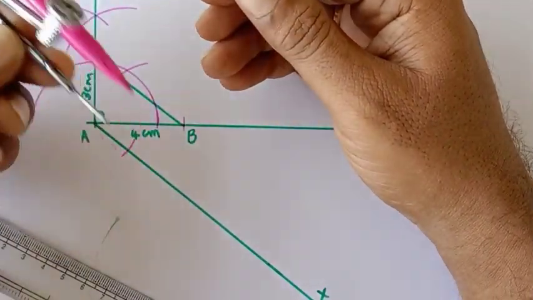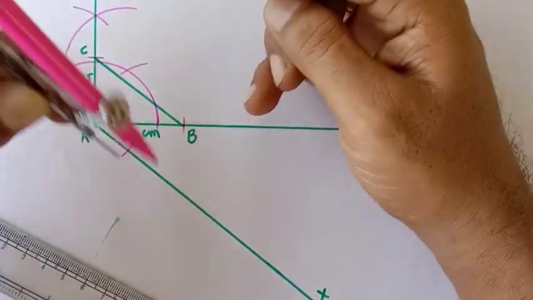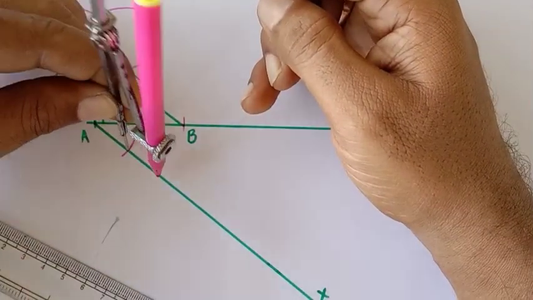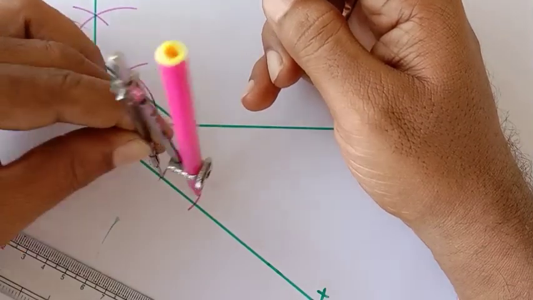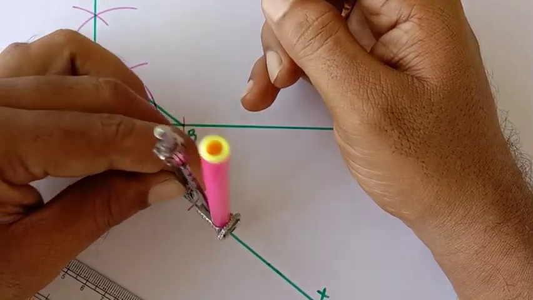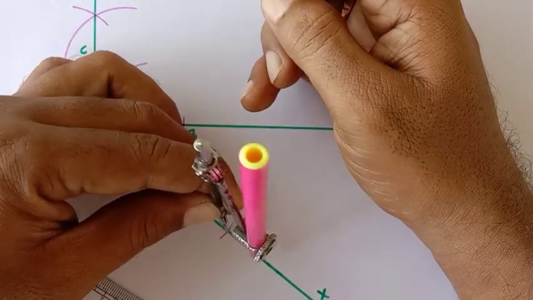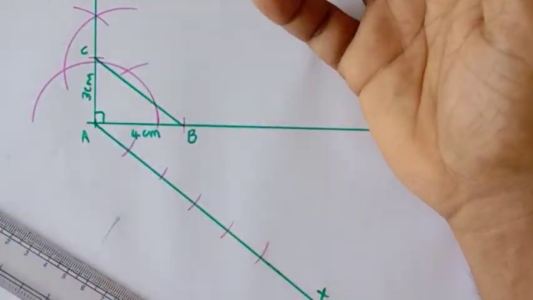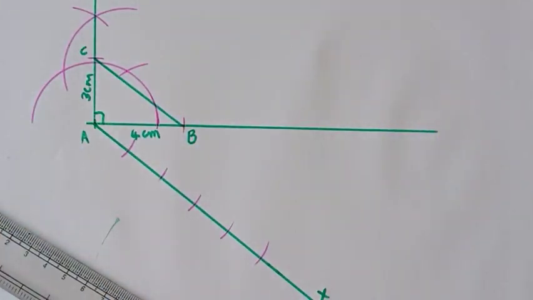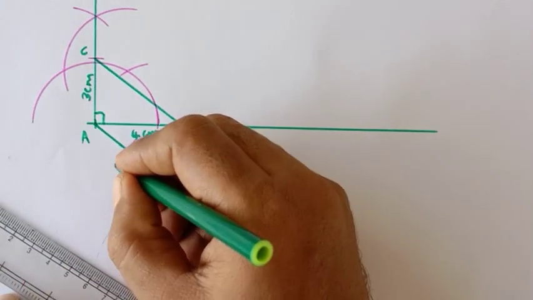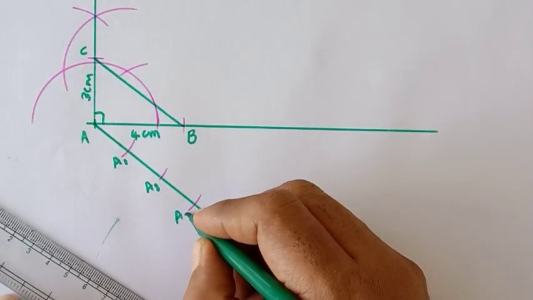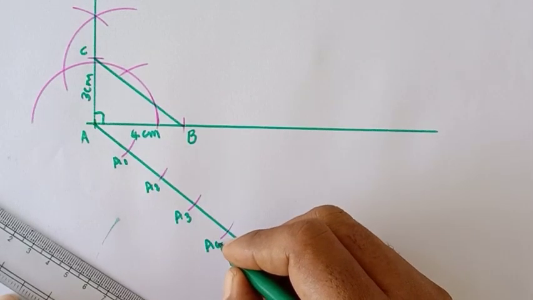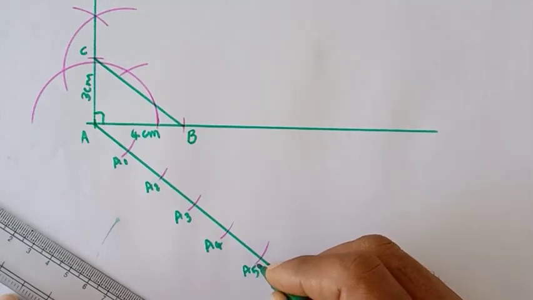1, I am not changing the length. 2, 3, 4, 5. 5 arcs I have drawn, and I will be naming them as A1, A2, A3, A4, A5.